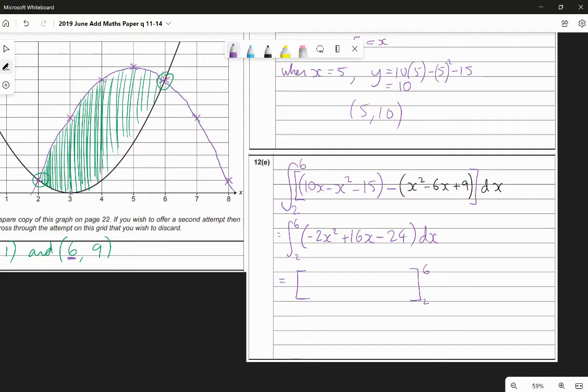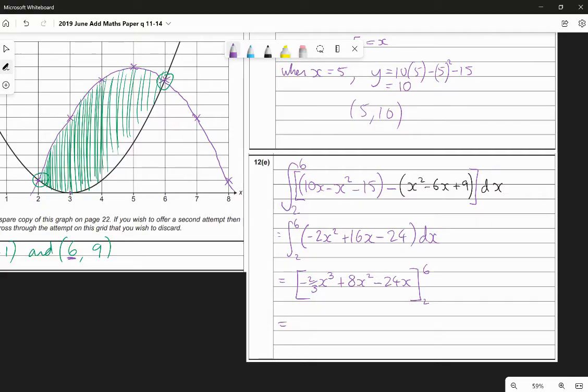So minus 2x squared becomes minus 2x to the power of 3 divided by 3, so that's minus 2/3 x cubed. 16x becomes 16x squared divided by 2, so that becomes 8x squared. And minus 24 becomes minus 24x.